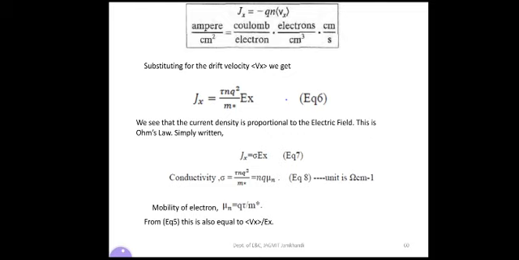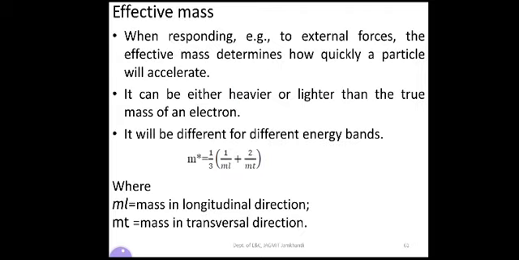From equation number 5, this is also equal to the velocity Vx by the electric field epsilon x. So that is the ratio of drift velocity to the electric field. A lighter particle has higher mobility.